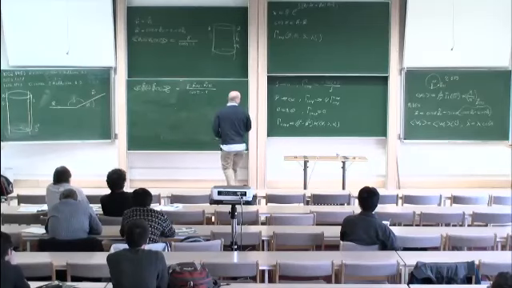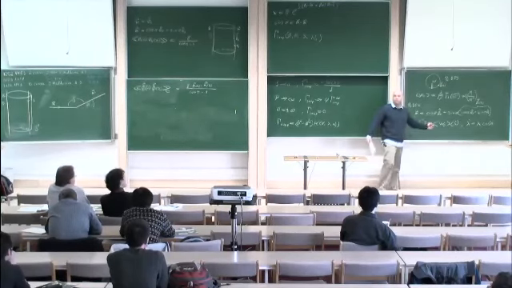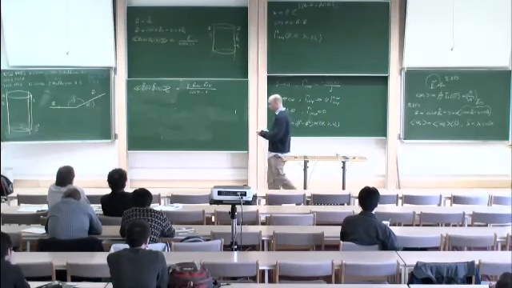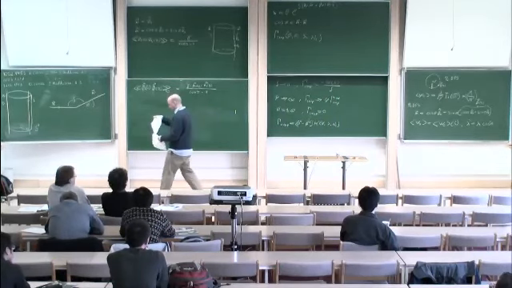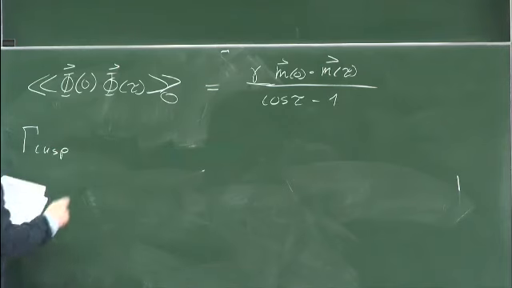On the other hand, since the expectation value of this Wilson loop is just given by the circular one with the new coupling, we can write immediately the two-point function, and we get that to leading order, this gamma cusp is just equal to a derivative with respect to the coupling of the circular one.